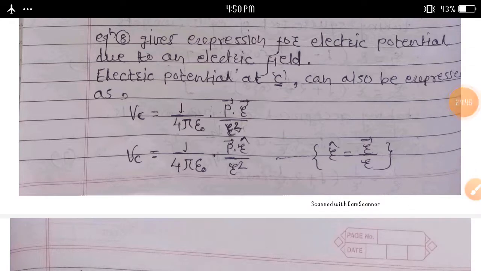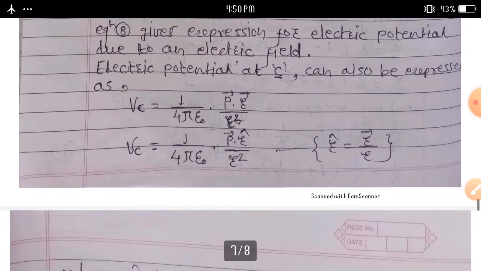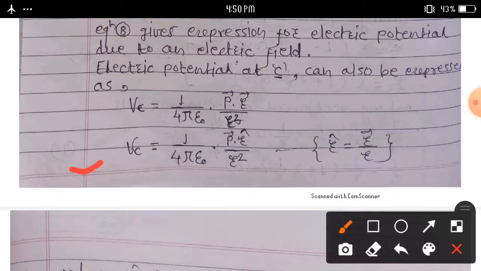Okay, V_c is equal to 1 upon 4 pi epsilon naught into p bar dot r bar upon r cube. This equation we can write in this way: V_c is equal to 1 upon 4 pi epsilon naught into p bar dot r cap upon r square, because here r cap is equal to r bar upon small r.